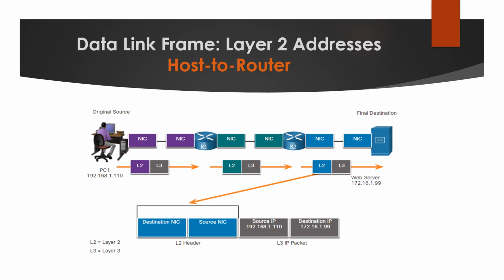It is typically at the beginning of the frame, so the network interface card can quickly determine if it matches its own layer 2 address before accepting the rest of the frame. The frame header may also contain the source address of the frame. Unlike layer 3 logical addresses, which are hierarchical, physical addresses do not indicate on what network the device is located. Rather, the physical address is unique to the specific device.